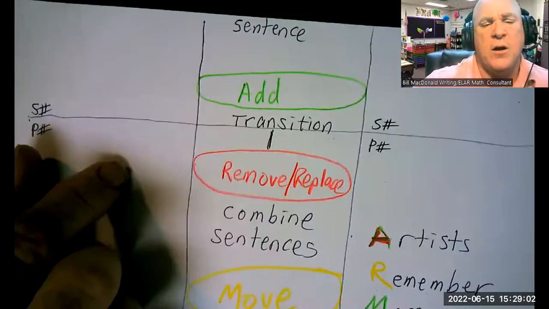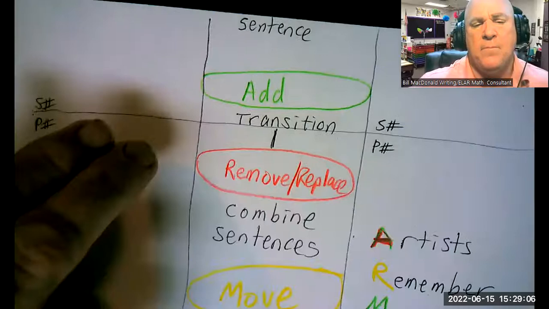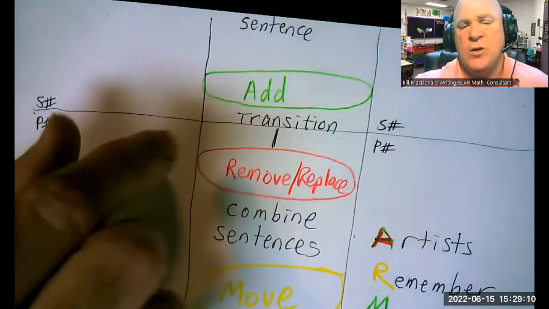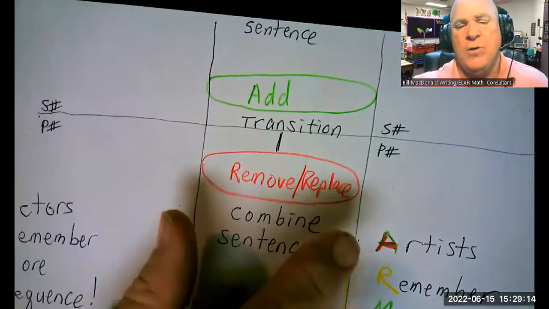We need to go from a cause to an effect, a compare to a contrast, a conflict to a resolution, an action to a reaction.